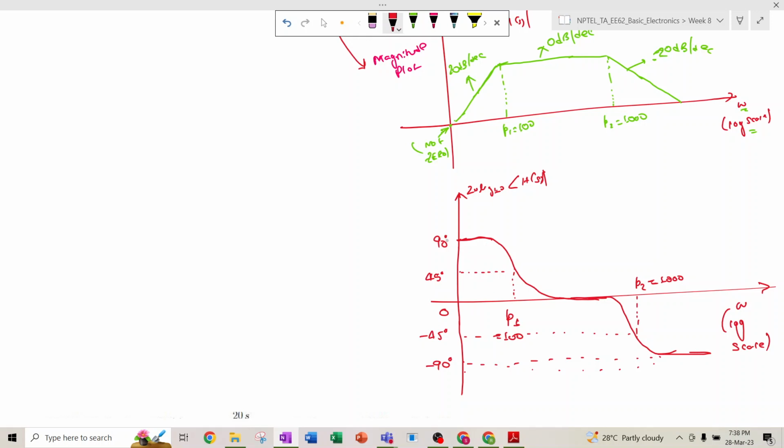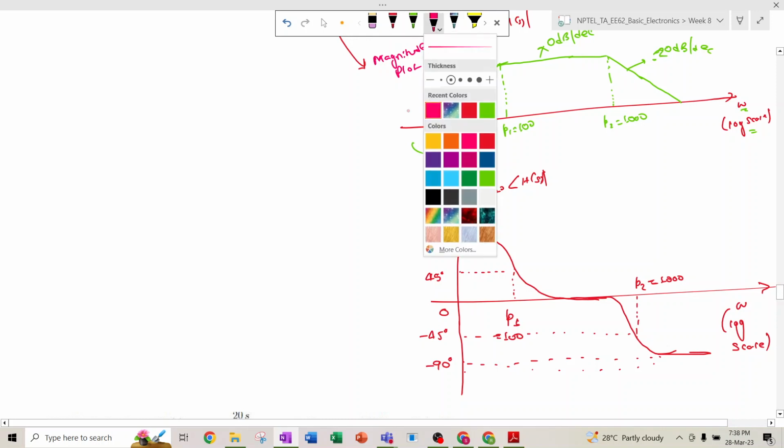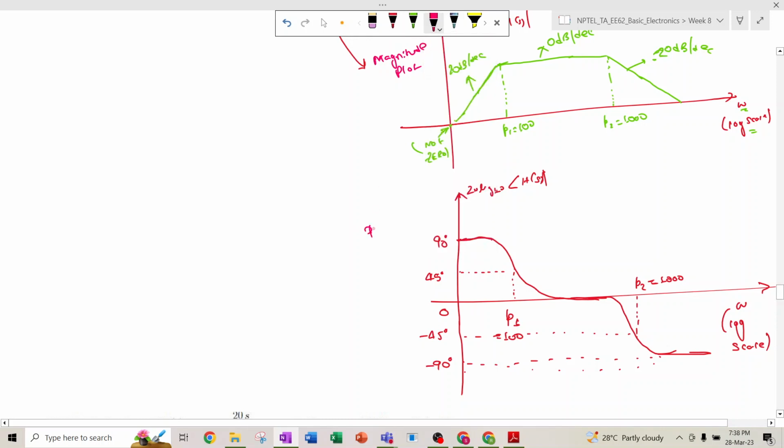Earlier for the zero it was 90 degrees, then after pole 1 it turns into 0 degrees, and after pole 2 it turns into minus 90 degrees. At the particular pole point the phase shift is 45 degrees. So this is the phase plot.